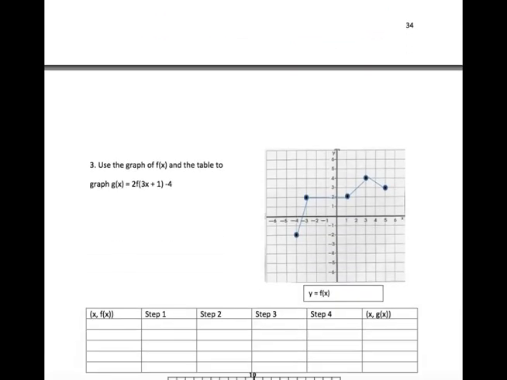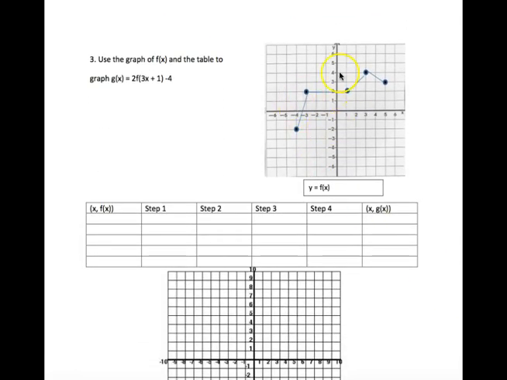If you look at the back of your packet, this is not a parent graph. It's a whole bunch of individual points. So I would suggest just writing down the original points here and then showing what you get after each step. I think there are more spaces for steps than you really need there, but that would be my suggestion so that then you can plot it.